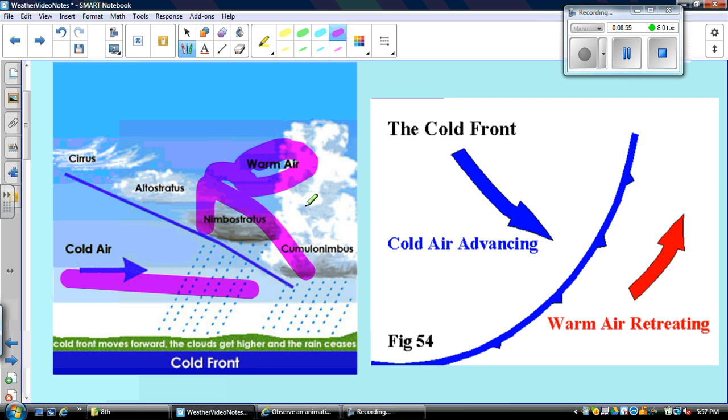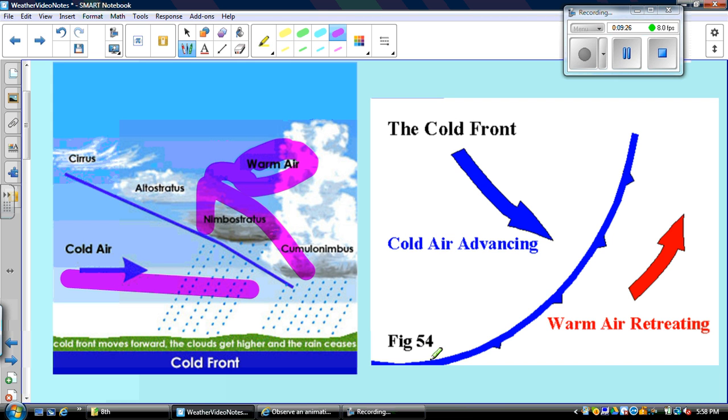Now, if you have a continental polar and a continental tropical air mass meeting, remember continental air masses are dry. You might not get a lot of precipitation. But if you have the maritime polar and the maritime tropical air masses meeting, that's where you're going to get some very big thunderstorms. Okay, so a cold front is usually associated with stormy weather that has thunderstorms, or if it's really cold, it could be a snowstorm.